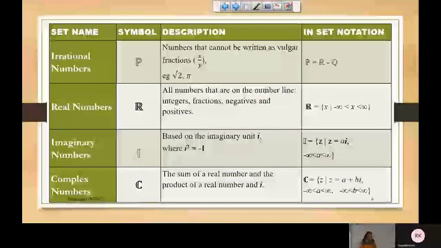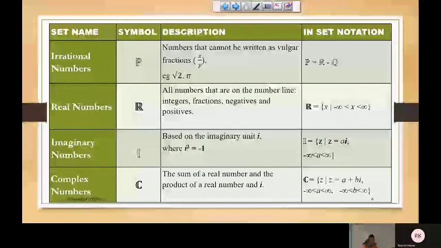Now, getting back to that, let me quickly try to illustrate the difference between rational and irrational numbers. Irrational numbers are any numbers which cannot be written in the form of an integer over another integer, sort of vulgar fraction.